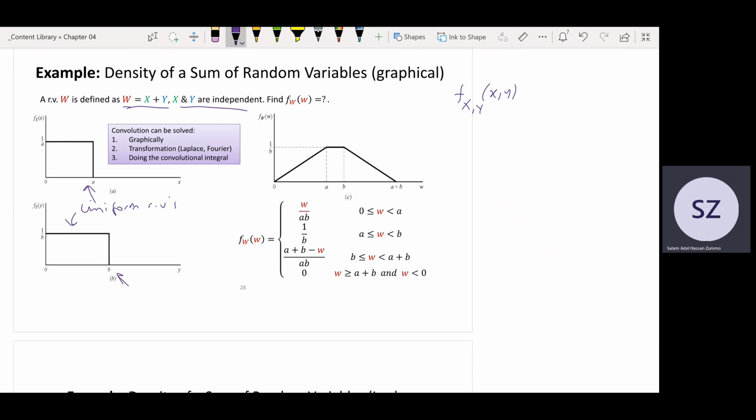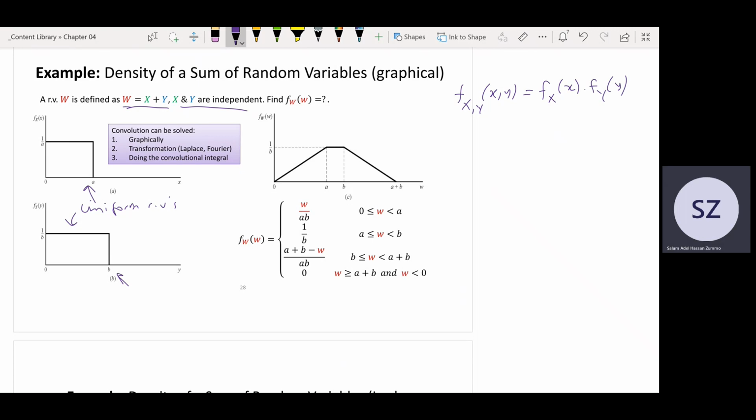The joint PDF. What does independent tell me? This is equal to the two PDFs that you see here. Why? Because I told you they are independent.